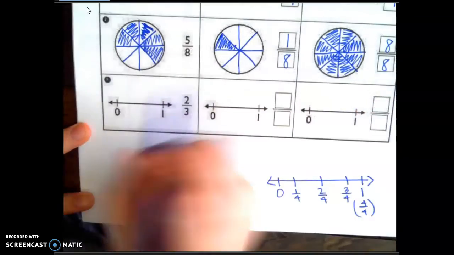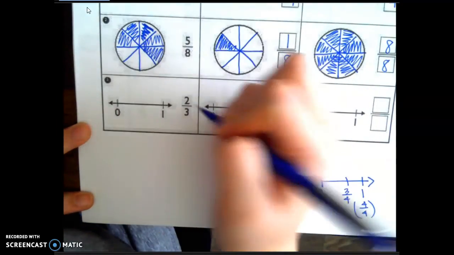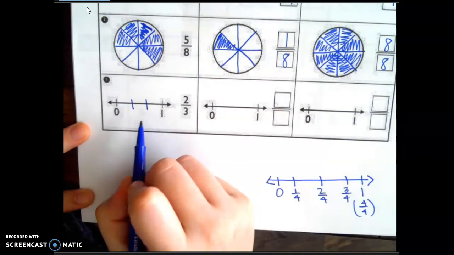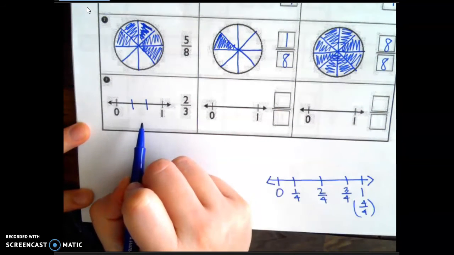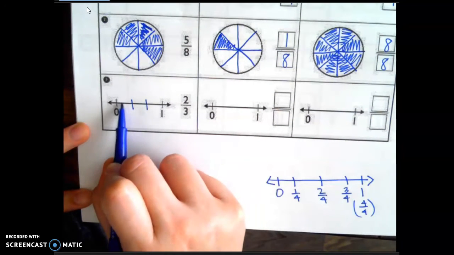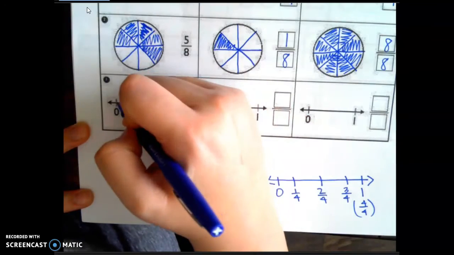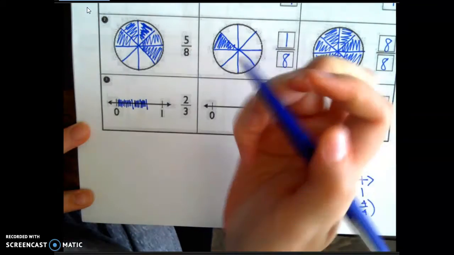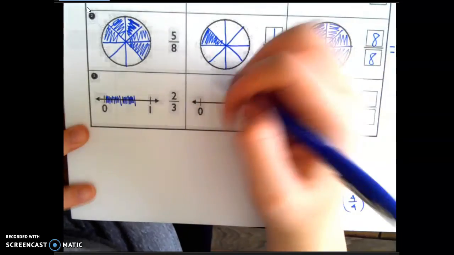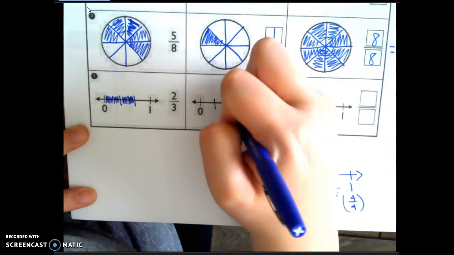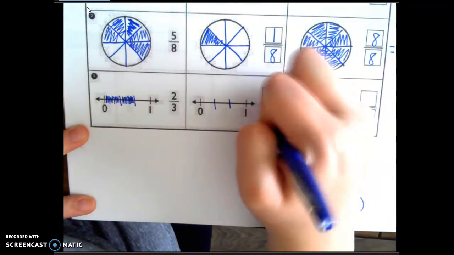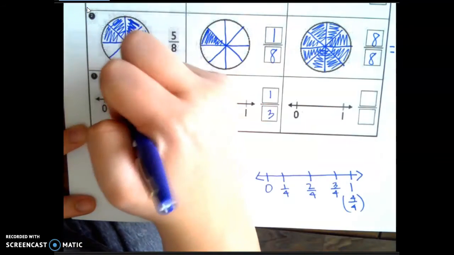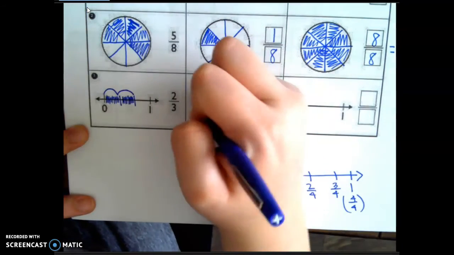Okay, so let's look at this next one. Into thirds. 2/3. Okay? And this is a number line, so this is what I want broken up into thirds. 1, 2, 3. So if I want to shade 1, 2, there is 2/3 shaded, okay? If I only want my unit fraction of 1/3 to be shaded, it could have been shaded, or I could have done jumps.